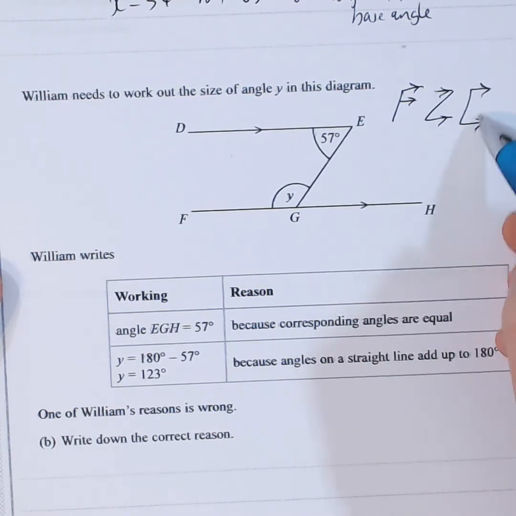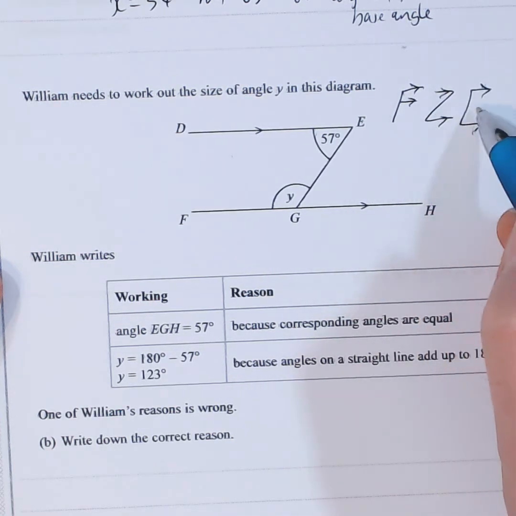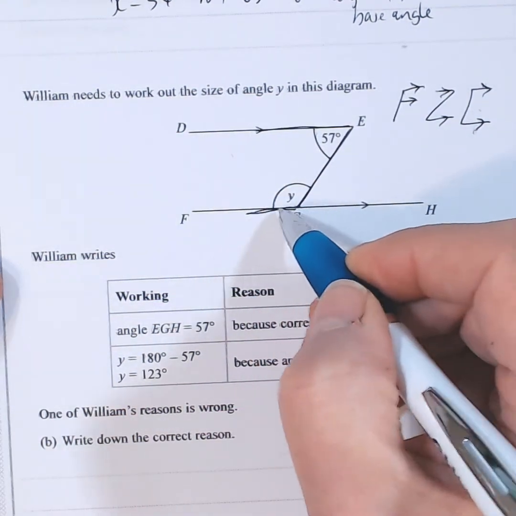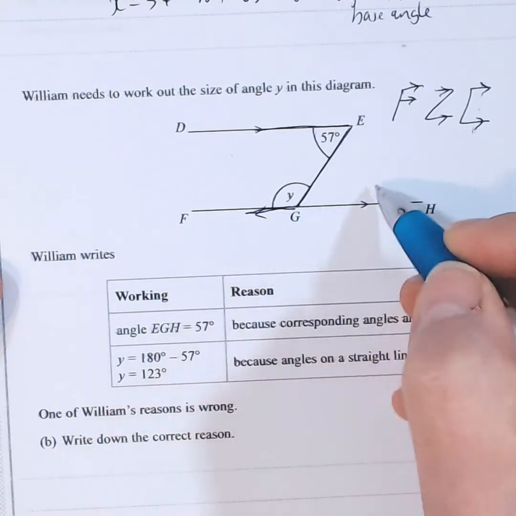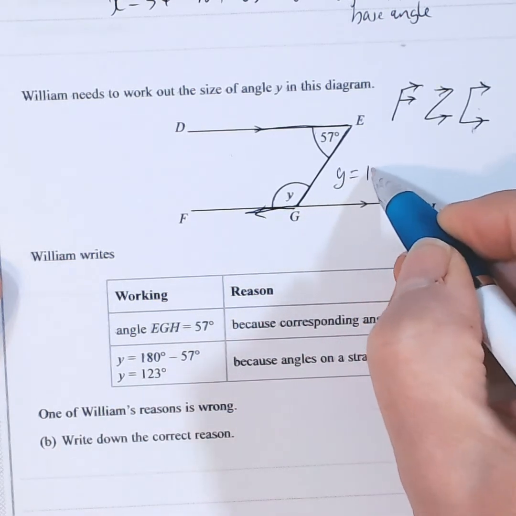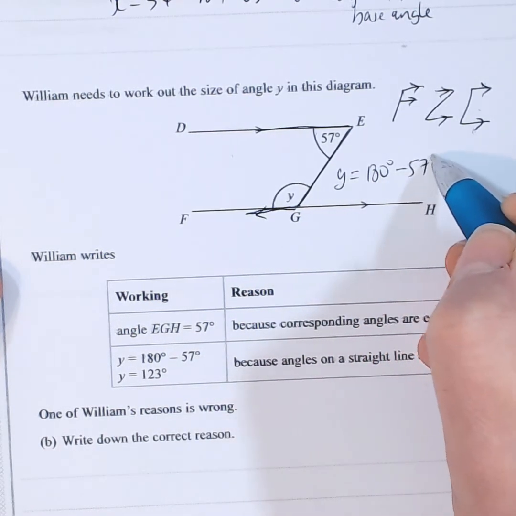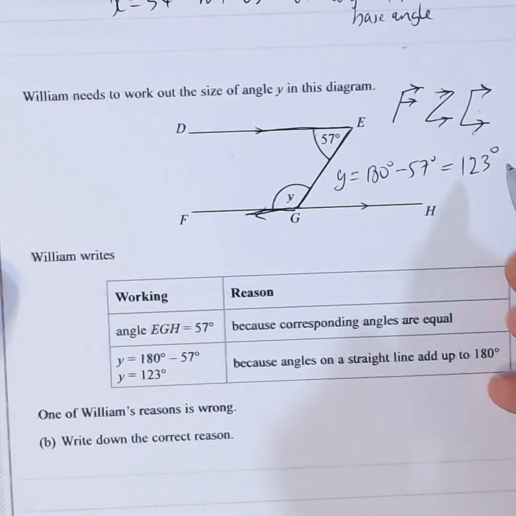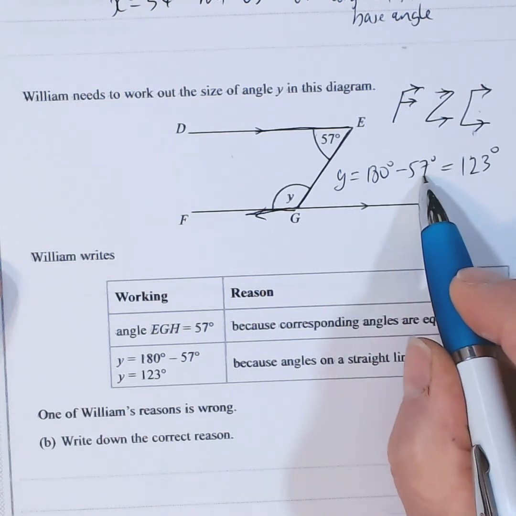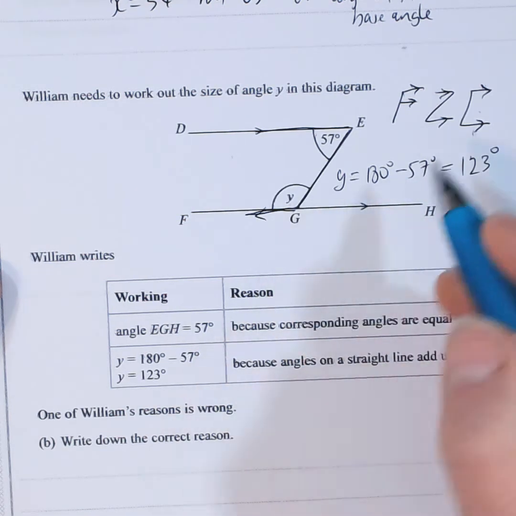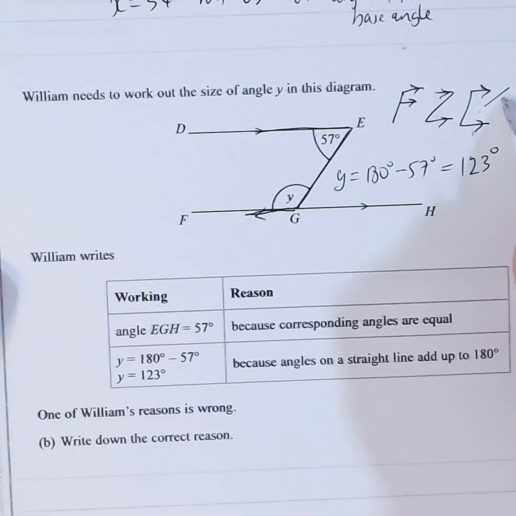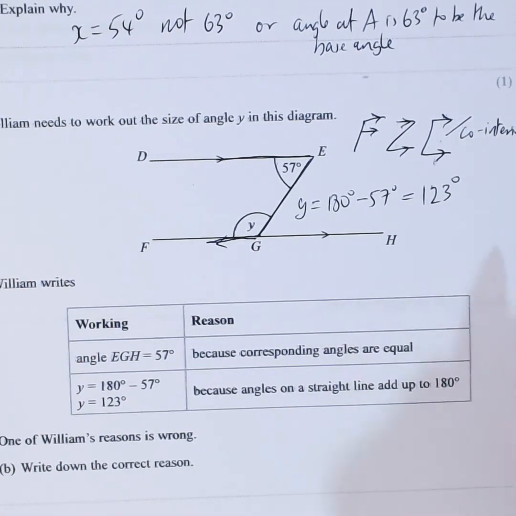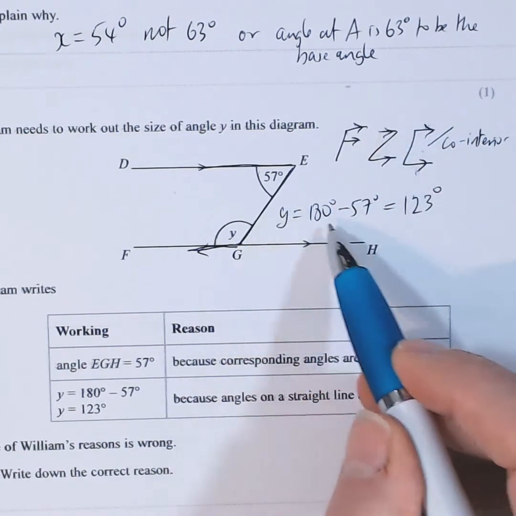So parallel sides of the road, funny zebras crossed, and then we're looking for these, and what we can see here is we've got a backwards C made with the parallel lines, which means that Y is equal to 180 degrees minus 57 degrees, so 123 degrees. Co-interior angles are equal. Sorry, co-interior angles add to 180. So co-interior. Okay, so we know that the answer should be 123.